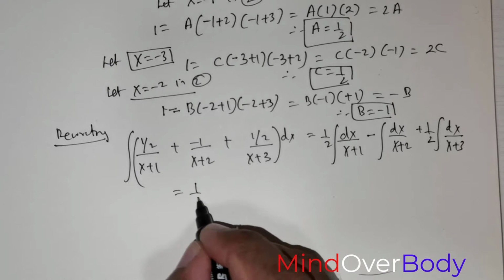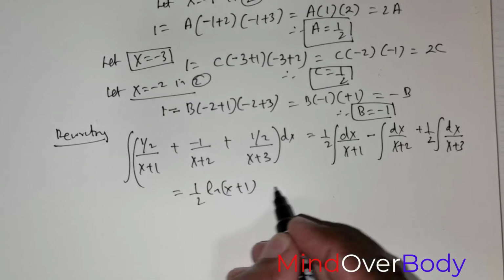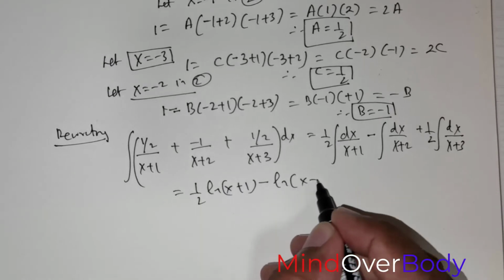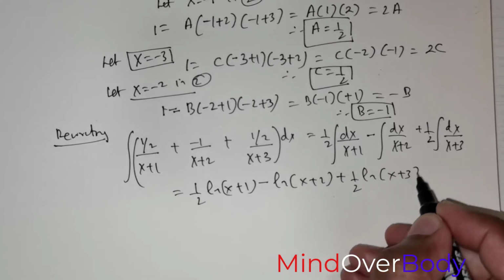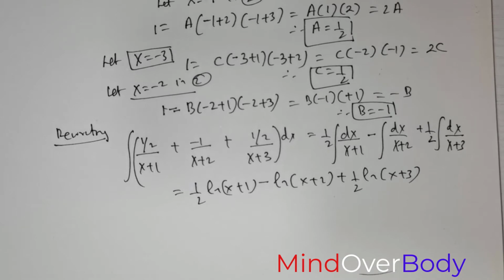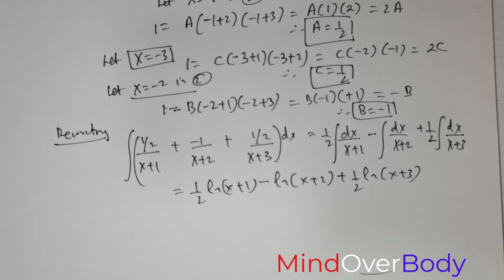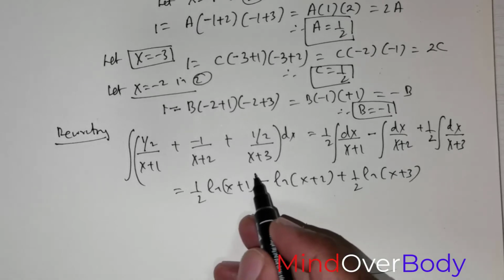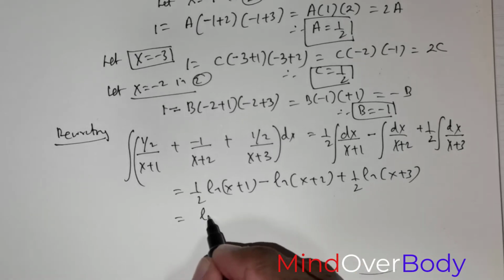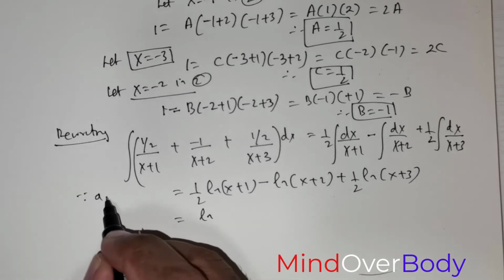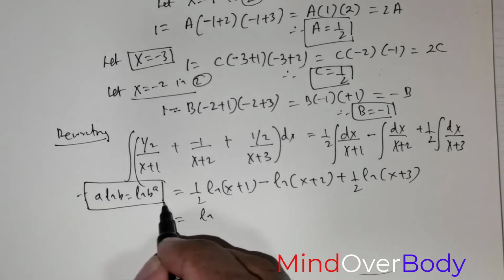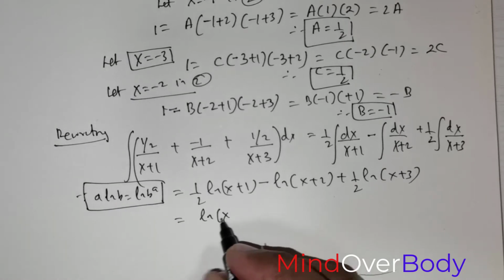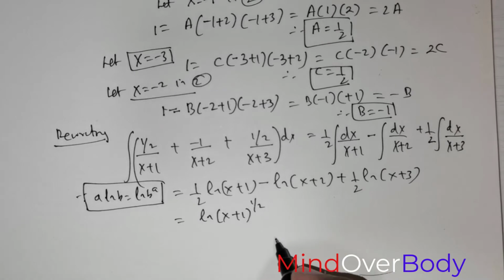Now this is going to be 1 over 2 times ln of x positive 1, followed by negative ln of x positive 2, followed by 1 over 2 times ln of x positive 3. Now I can club a few things. If I were to take this 1 over 2 to the head of ln, because a times ln b is equal to ln b raised to the power of a, I can rewrite this as ln of x positive 1 raised to the power of 1 over 2.